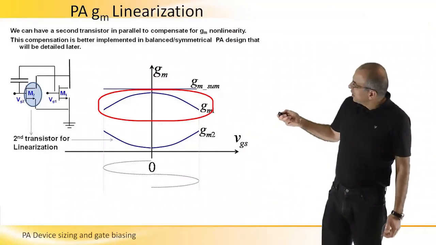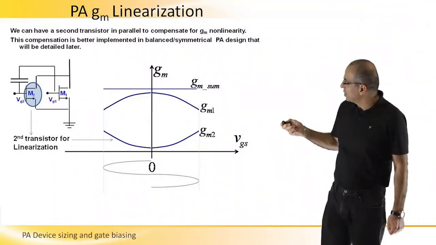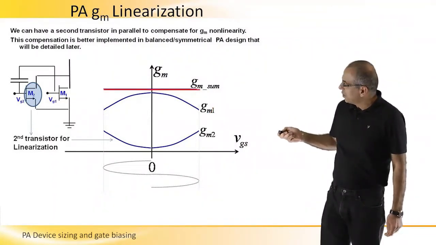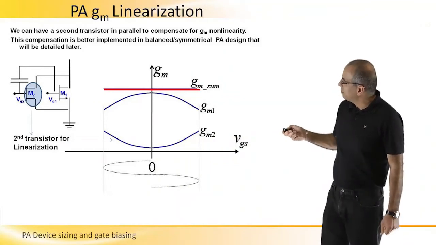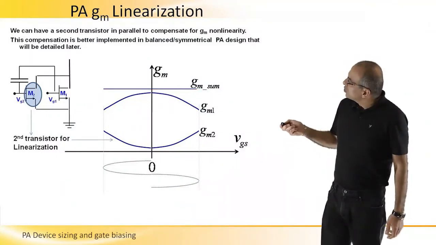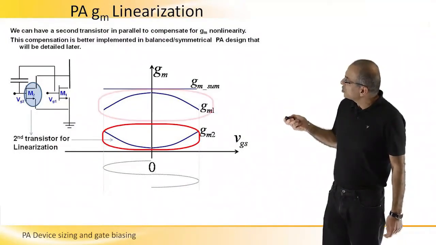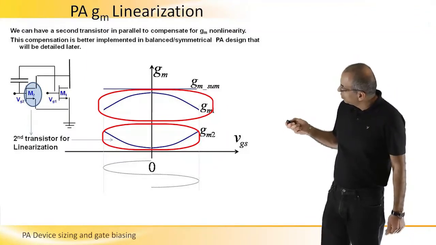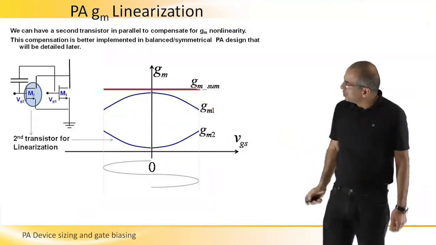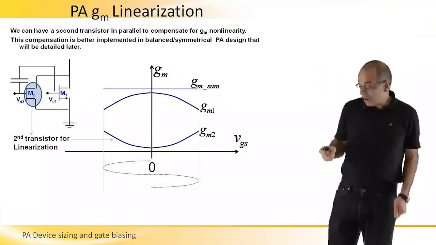So if we assume that we have some parabolic behavior for the GM, the original GM, and this parabolic behavior caused some nonlinearity because we wanted our GM to be really constant for the range of input voltage over VGS input. If we introduce another nonlinearity which is actually complementing the original nonlinearity to add them both and to get a constant GM, this can help in linearizing the performance of the power amplifier.